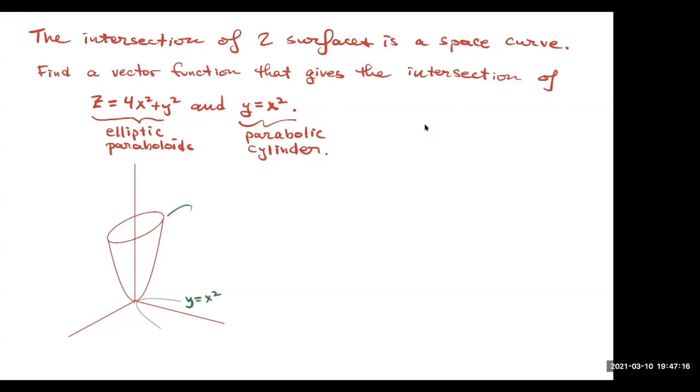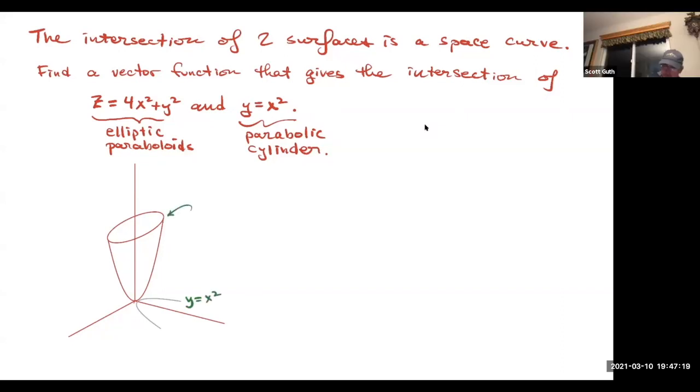Okay, this surface here is z equals 4x squared plus y squared. Like that.